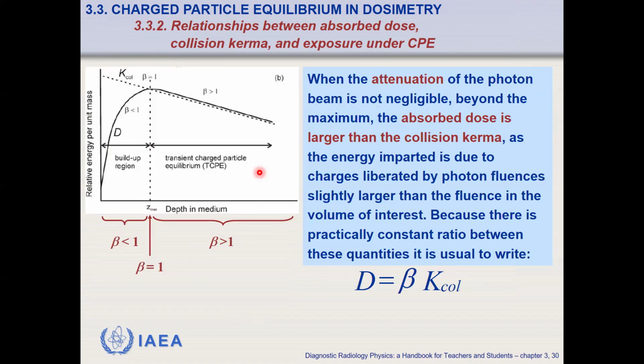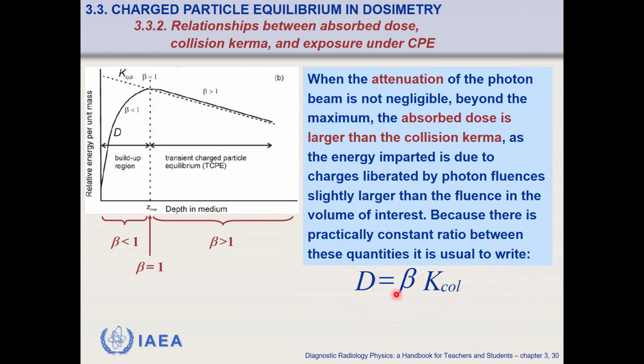Meaning the absorbed dose is different from the collision kerma. As the energy imparted is due to charges liberated by photon fluences slightly larger than the fluence in the volume of interest. So absorbed dose and collision kerma are not equal.